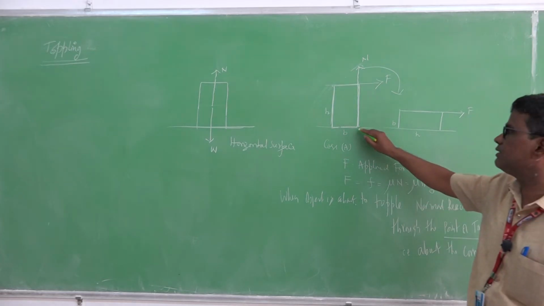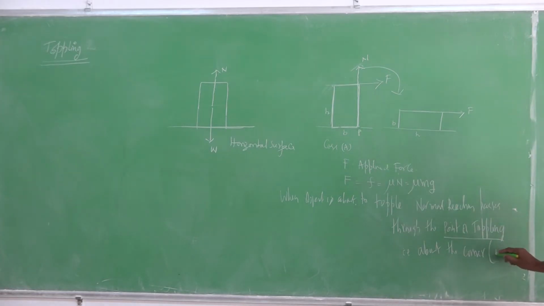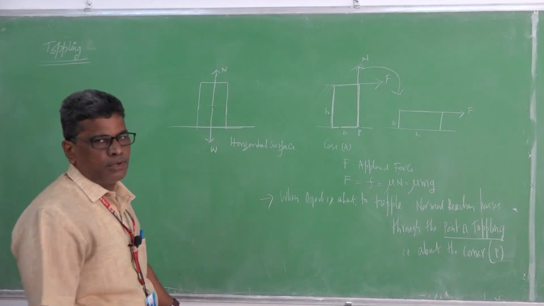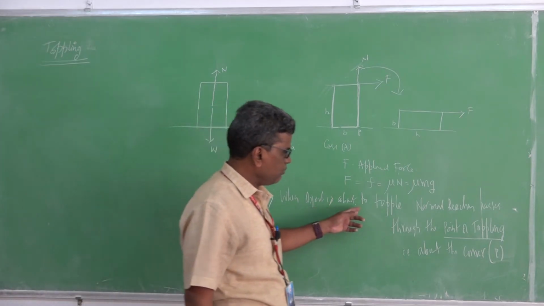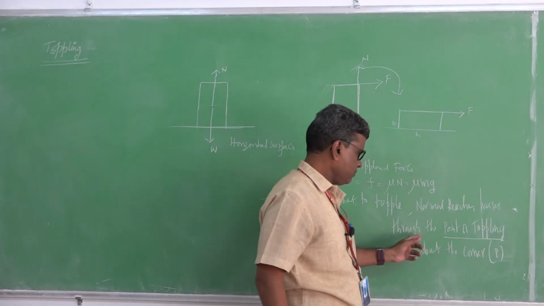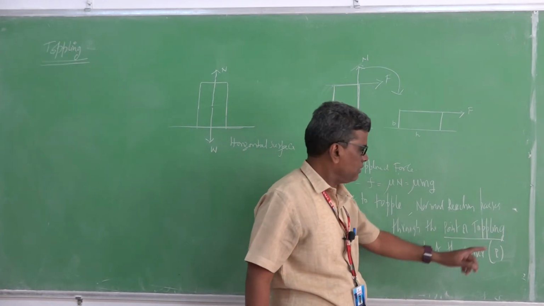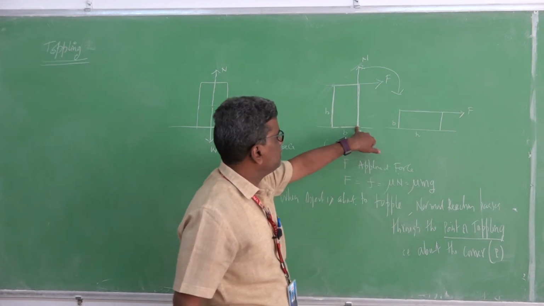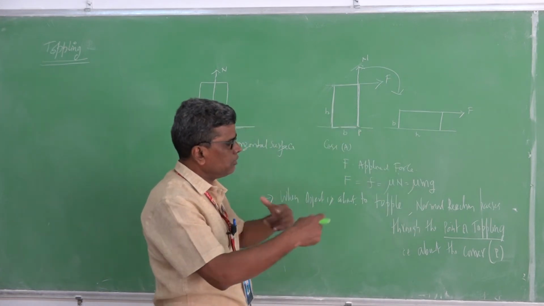I assumed this corner to be P. So these are some important points you have to remember. When the object is about to topple, the normal reaction passes through the point of toppling. In the diagram, I showed it with the letter P, the corner about which it is about to topple.